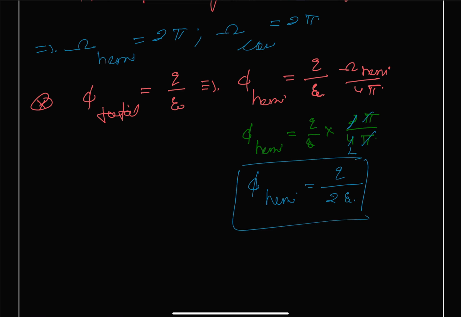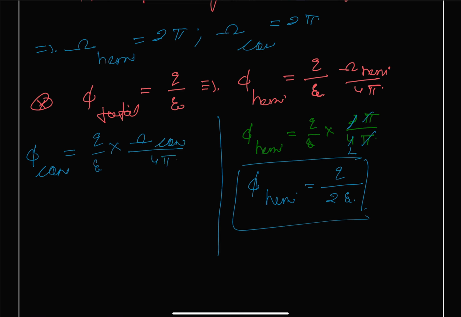And of course the cone has the same solid angle, so we can also write that the flux for the cone will be equal to Q upon epsilon naught multiplied by the solid angle for the cone divided by 4 pi.